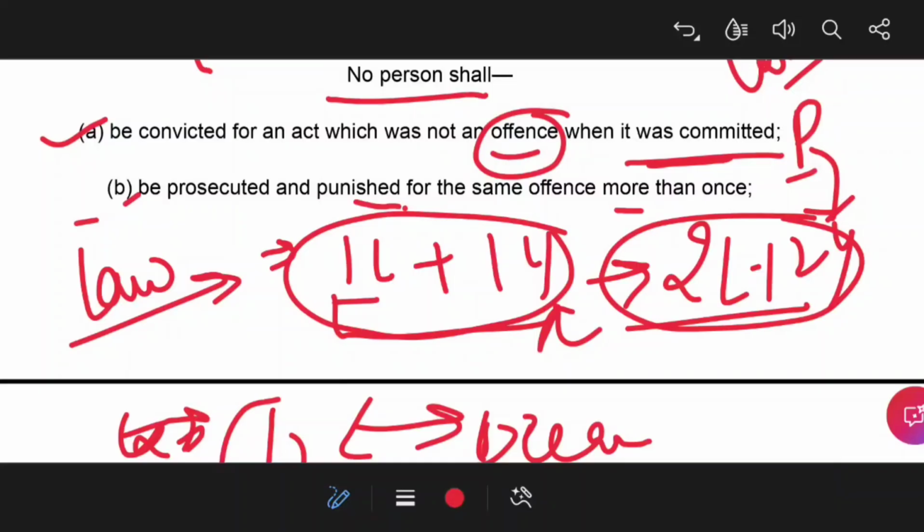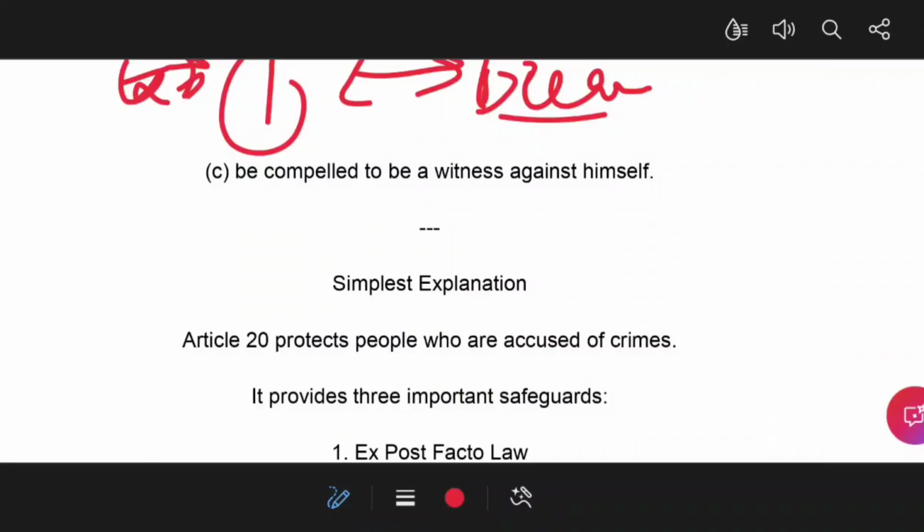No, because at the time when the offense was committed, there was 20 years imprisonment. So no person can be punished for the same offense more than once.